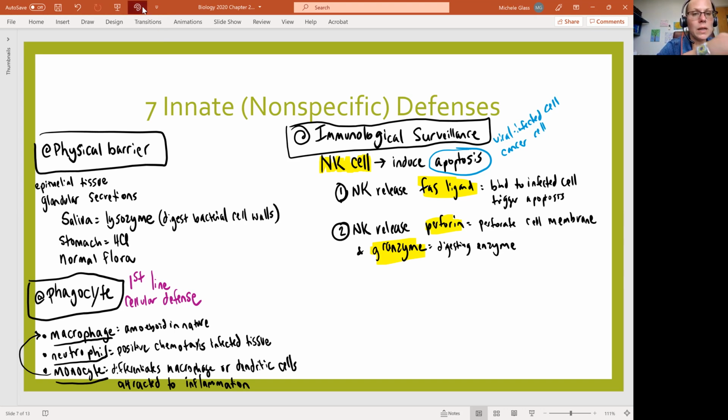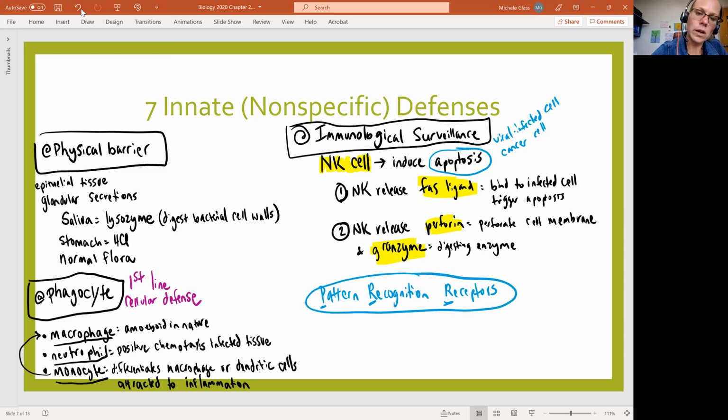Now let me stop here and talk about what are called pattern recognition receptors. We can abbreviate this as PRR, pattern recognition receptors.